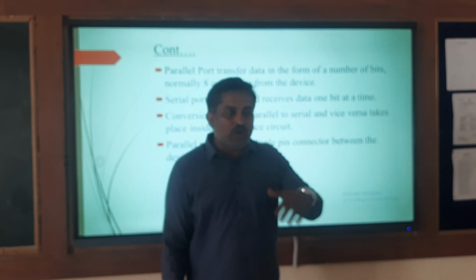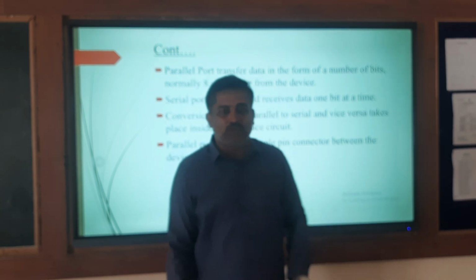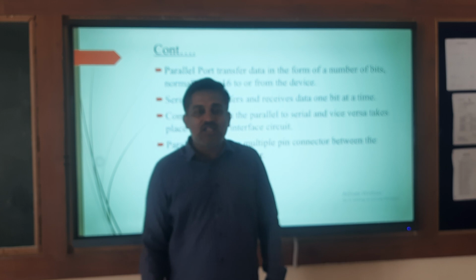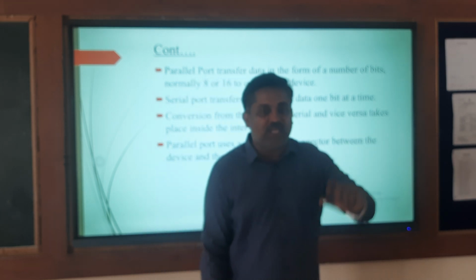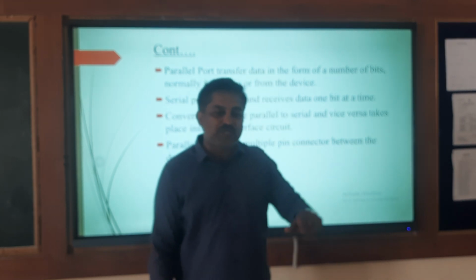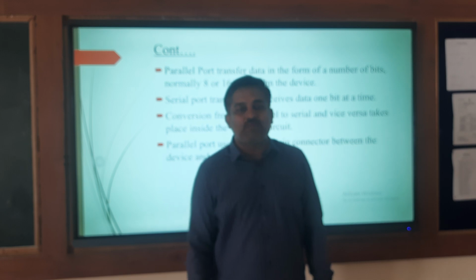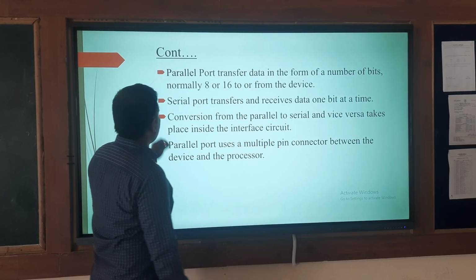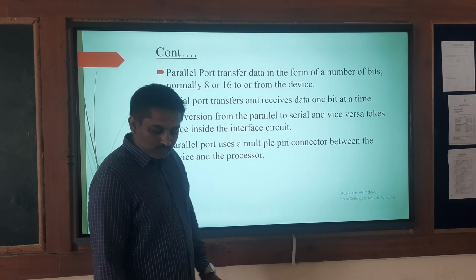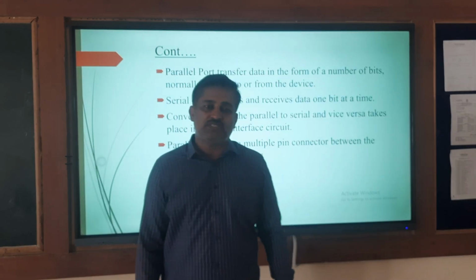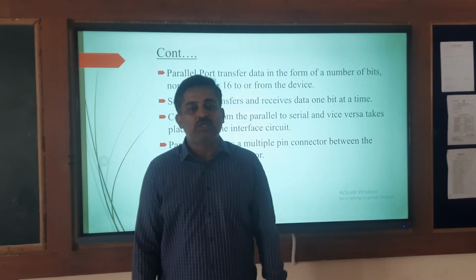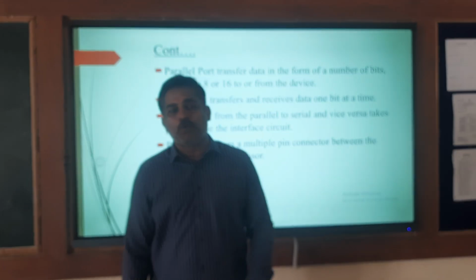Similarly, if I want to transfer 8-bit data to the system bus serially, that is bit by bit, at that time I require a serial port. So, ports are of two types: the parallel port and the serial port.